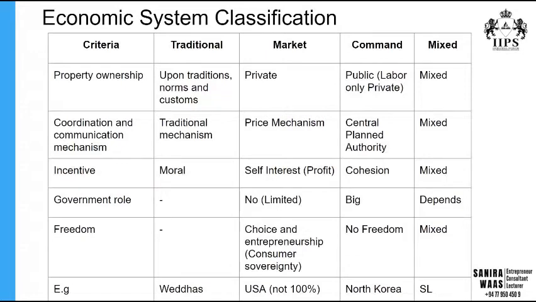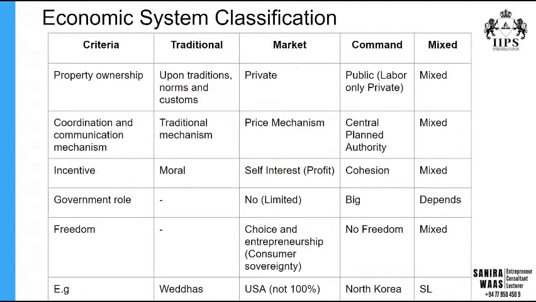In terms of the market economic system, the property ownership is held by private entities. The private entities make the crucial decisions regarding their property ownerships. They make the choice regarding whether they are putting their property or the factors into production, or they are holding them for themselves.